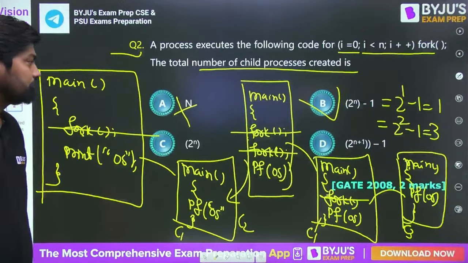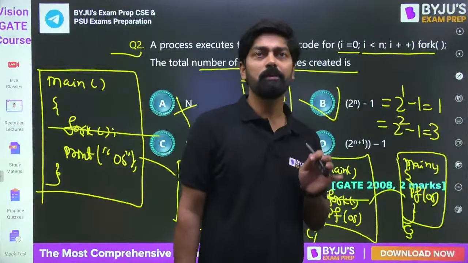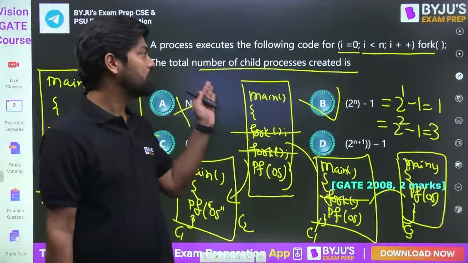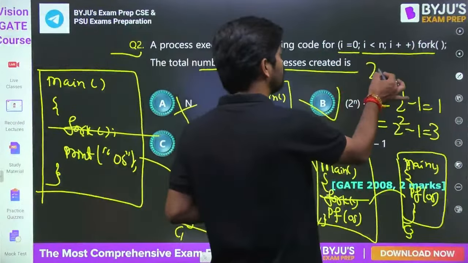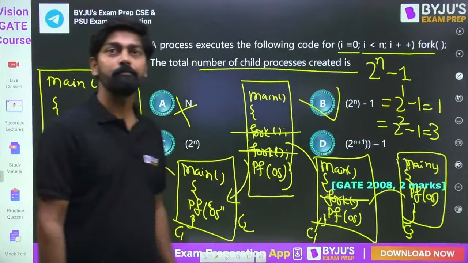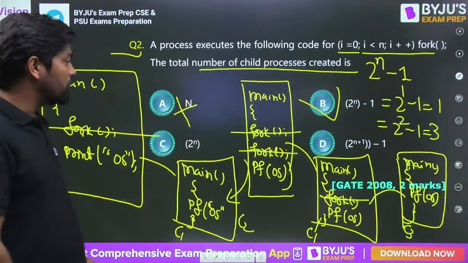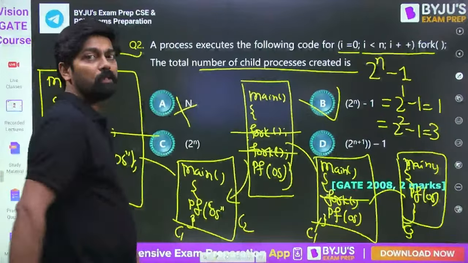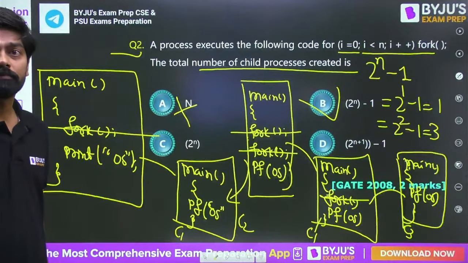Is that clear? This is the formula you can note down. If we have n fork system calls, the total number of child processes will be 2 to the power n minus 1.